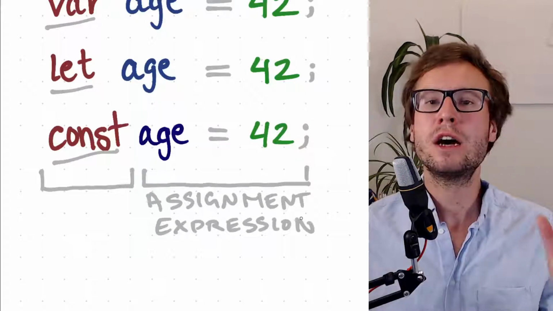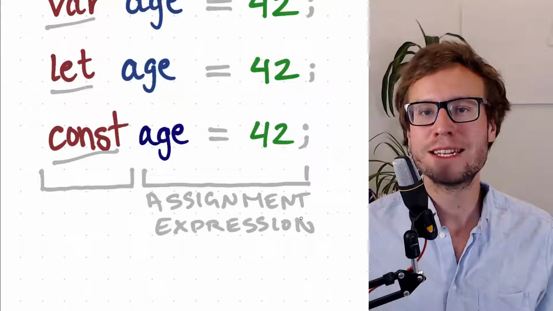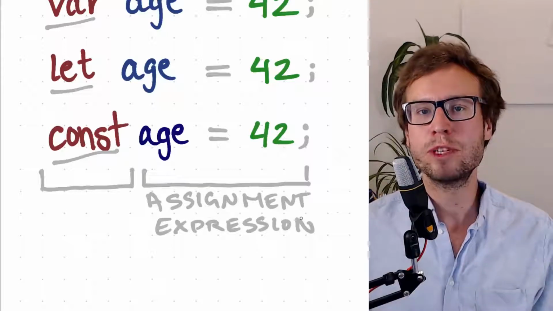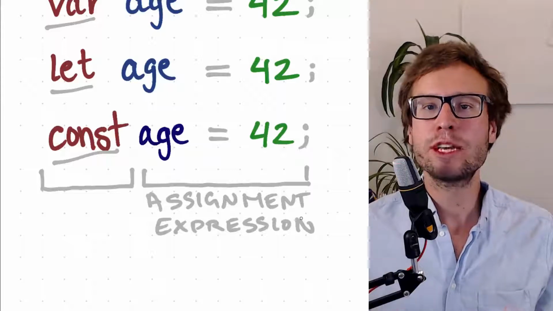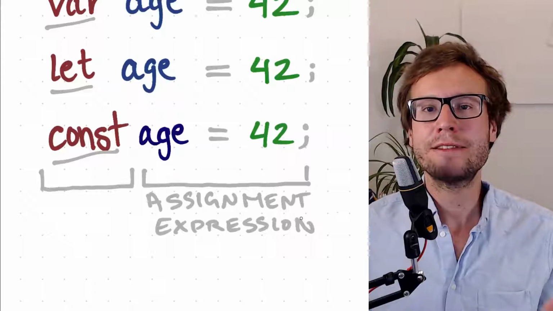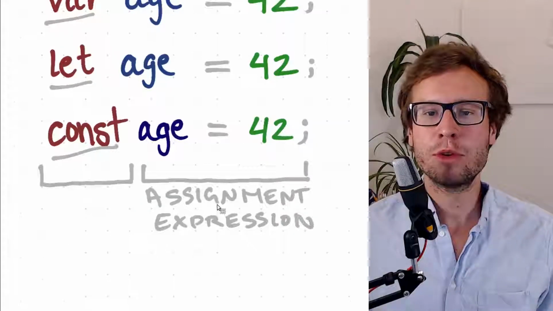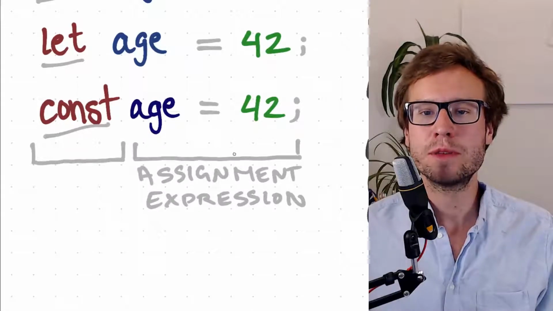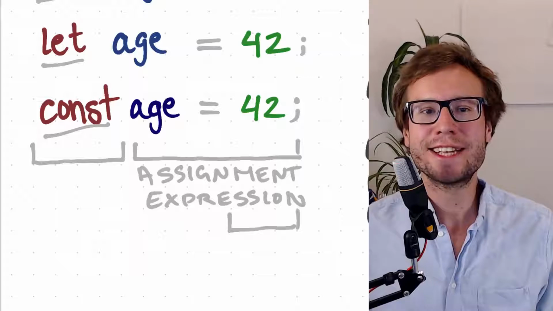On the one hand, we are declaring the variable. We are basically telling the computer that this is the name of the variable that we will be using. And then the second thing that happens in one statement, really on one line, is that we are giving that variable a value. We are right away assigning a value to that variable. And this further breaks down into this on the right, which is any expression.